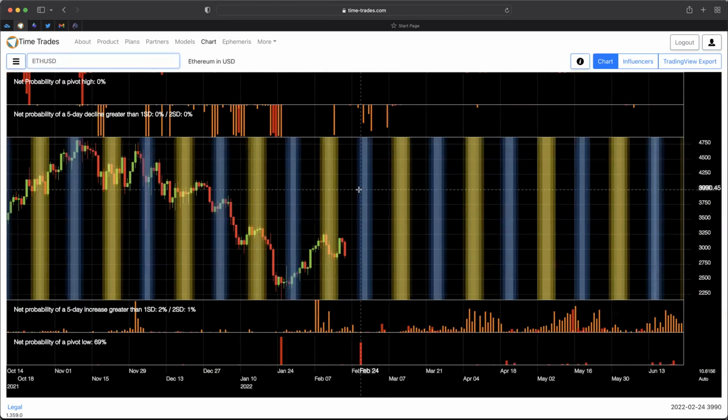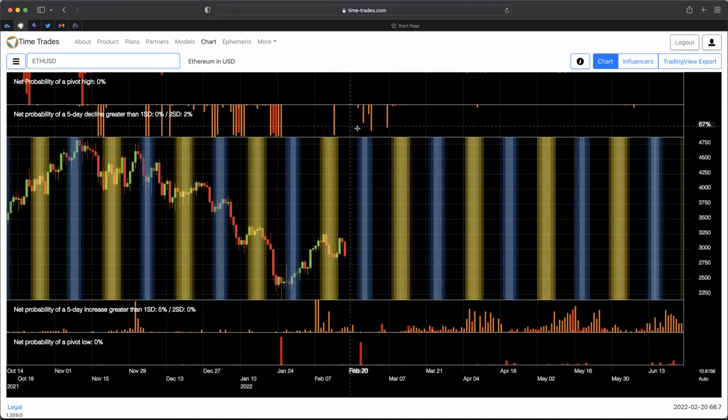Now, when it comes to Ethereum, the dominant feature here is a 69% probability of a pivot low on February 24th. So there may be an opportunity to acquire some more Ethereum at a good price in and around this area.